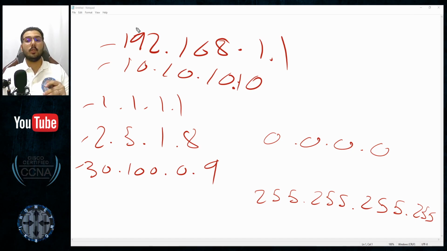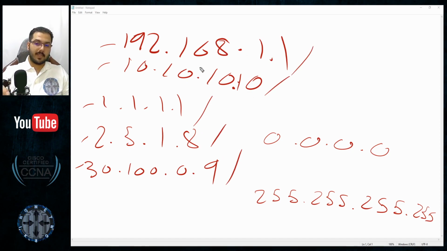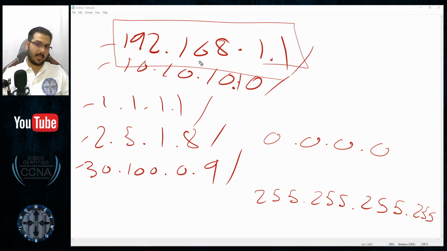No. You will need to know the subnet mask of every single one of these addresses, so that you will know the identifying details of every address. And when you know those details, you will finally know the boundaries and the broadcast domain of this specific IP address.